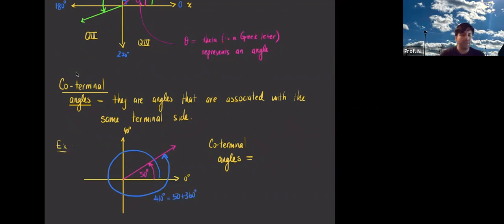So 410 degrees represents one full revolution plus another 50 degrees. So what are the coterminal angles? 410 is one of them. What's another one? Can't I add another 360 degrees again? So if I add another 360 degrees again, what would I get?